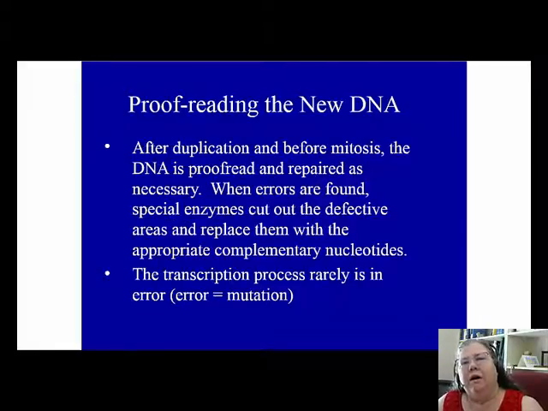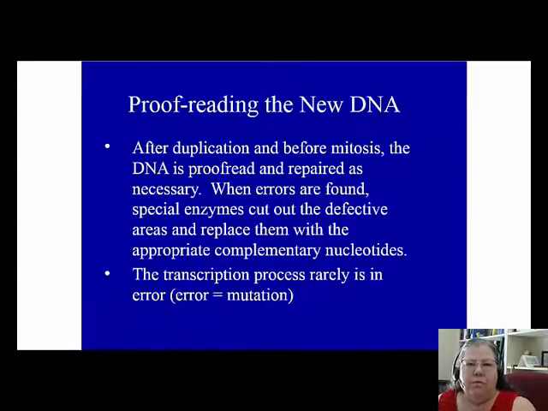There are repair mechanisms and proofreading mechanisms. So there are enzymes that go along looking for mistakes, finding the mistakes, cutting them out, and fixing them, so that there are very few errors in this process of transcription.